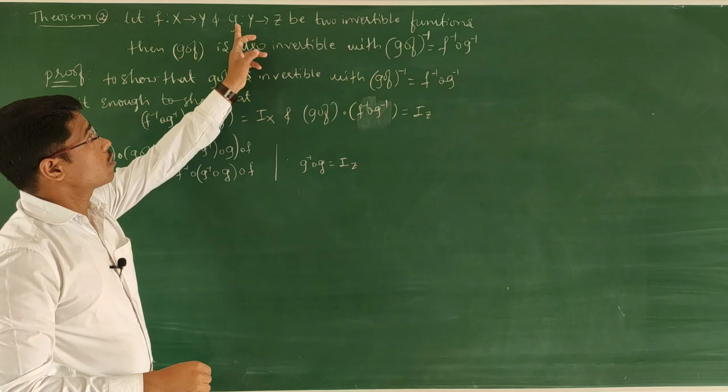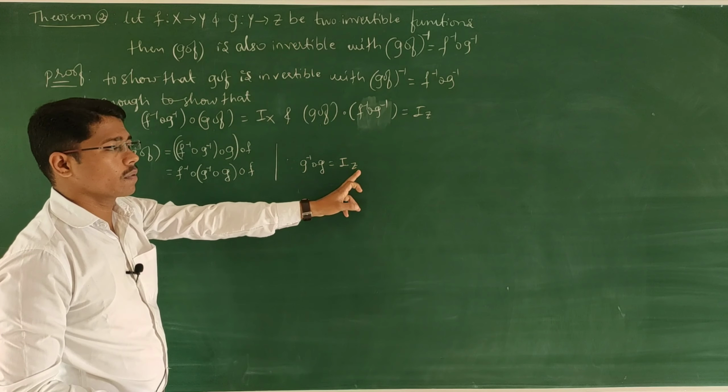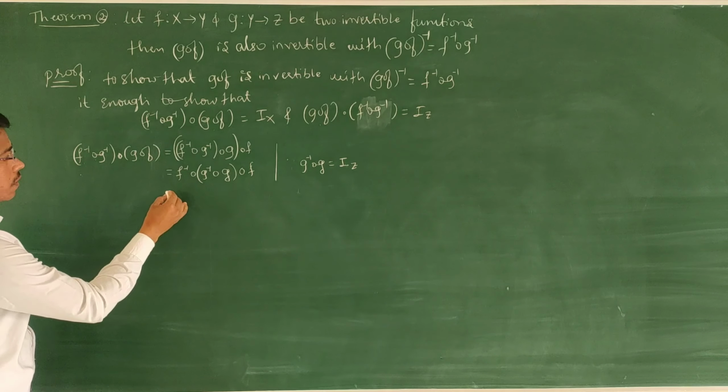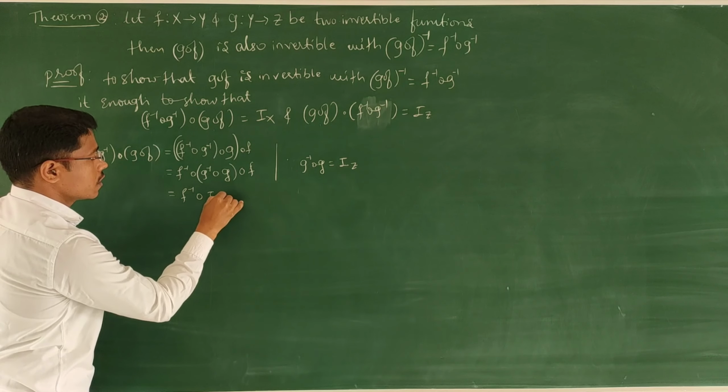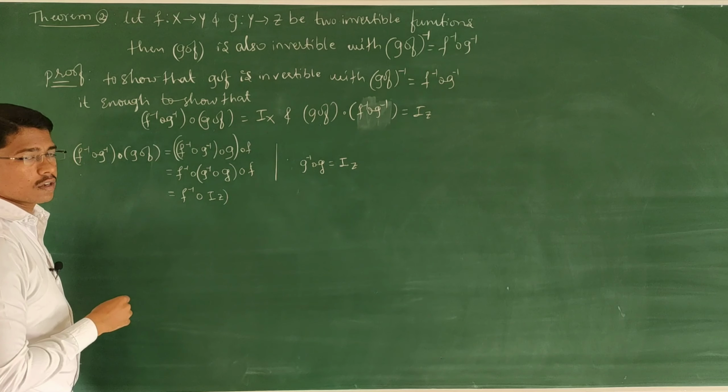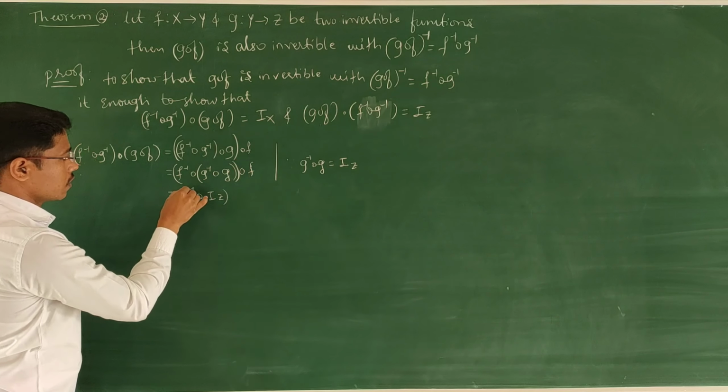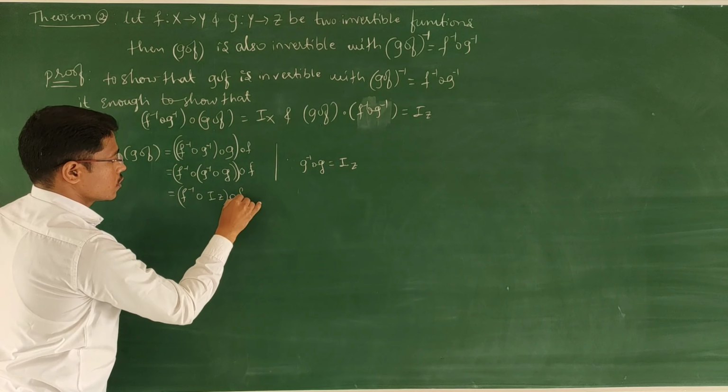So g is from y to z, and z will come here. Now this is f inverse composition Iz, one more bracket here, composition f.